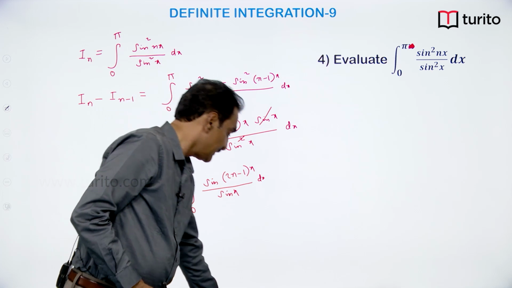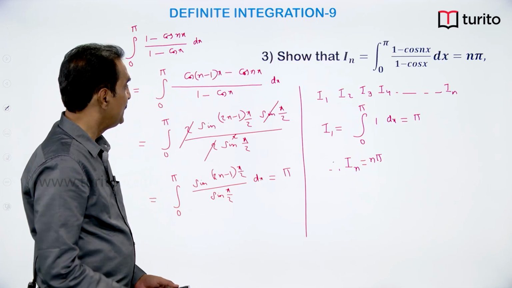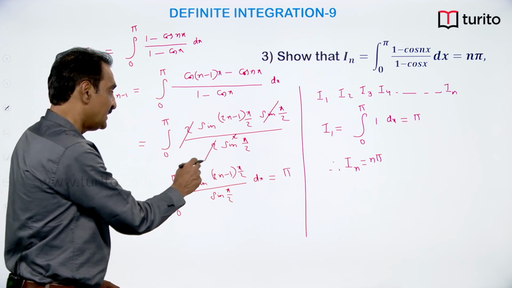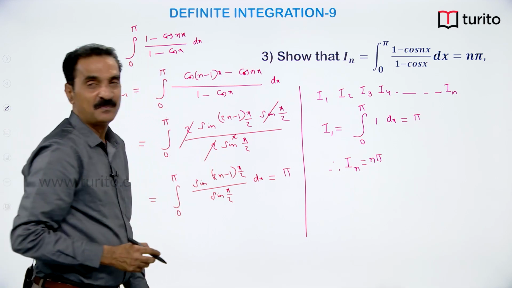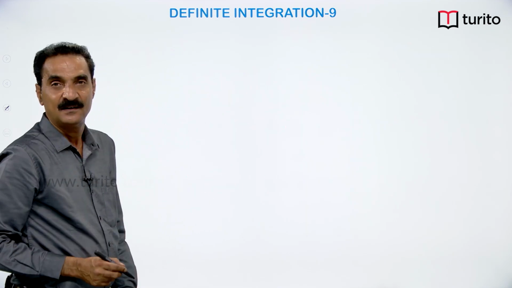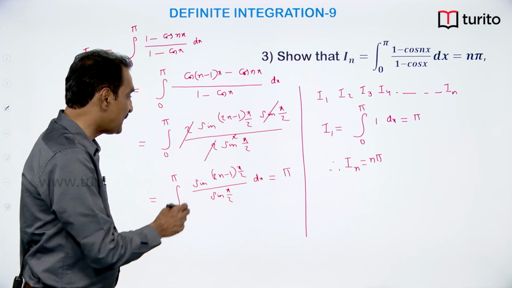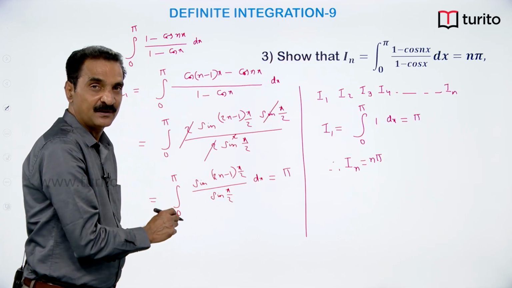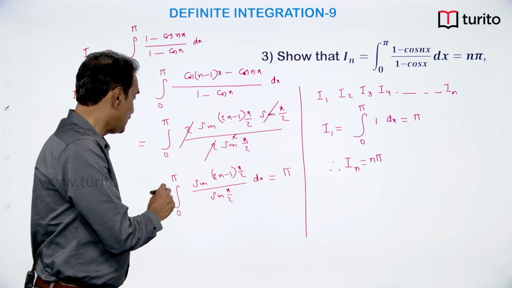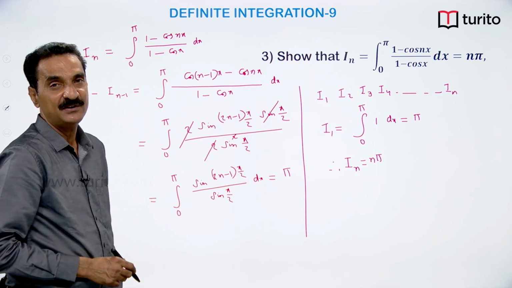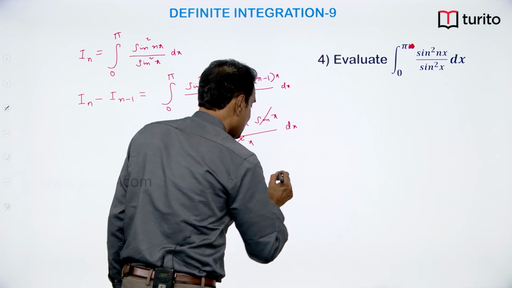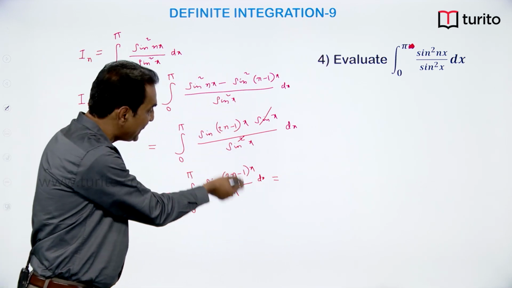Now, you see the previous questions. In the previous question, we got this as pi, no? If you multiply x by 2, it becomes this one. So, if you want to multiply x by 2, what should you do? You should multiply the integral by 2 and divide the limits by 2. Here you divide x by 2.